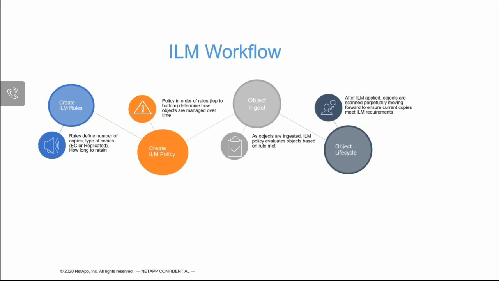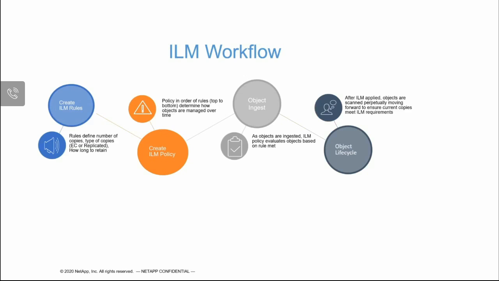So once that rule is met and the object has been placed wherever it may be for however long it may be placed there, in the background, we have a tool or process that ends up scanning all objects in the grid perpetually, forever and ever. So if you haven't changed your ILM policy in 3 years, we will constantly scan each object to make sure that it still has the current policy in place.